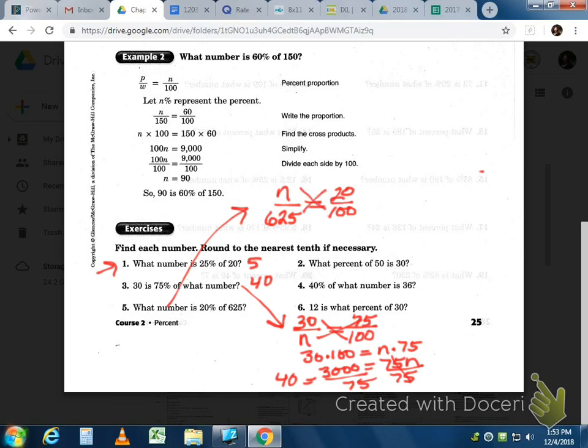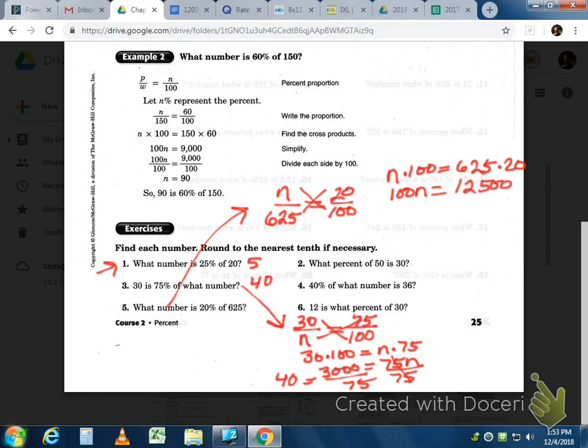Cross, cross. N times 100 and 625 times 20. 100N equals, and then we take 625 times 20. 12,500.